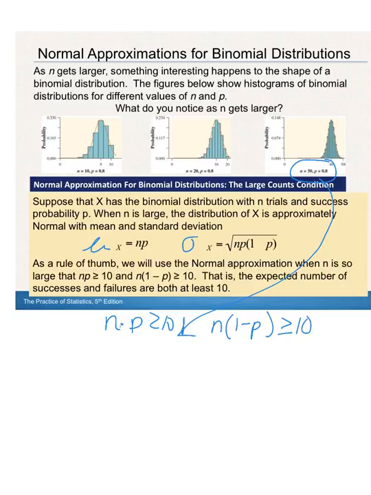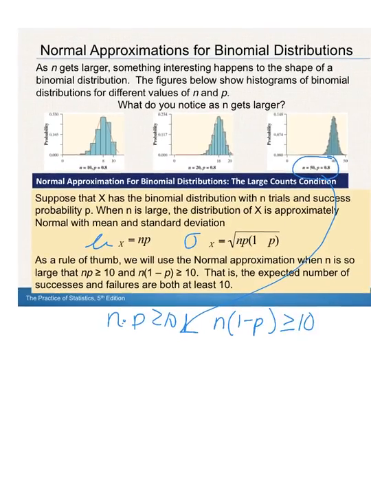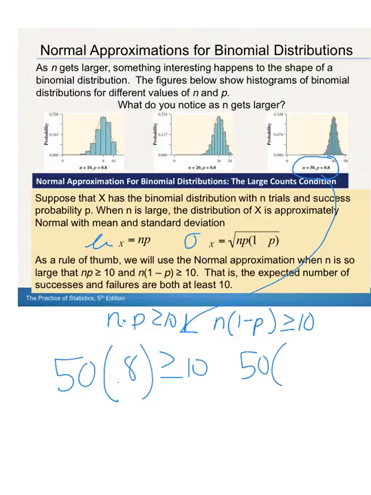So if you have enough data that the following checks are in place, and I'm going to use this big one that looks very much normal: if the trials times the probability is greater than or equal to 10, and the trials times its complement is greater than or equal to 10, then we can go ahead and use all of the properties of the normal curve.